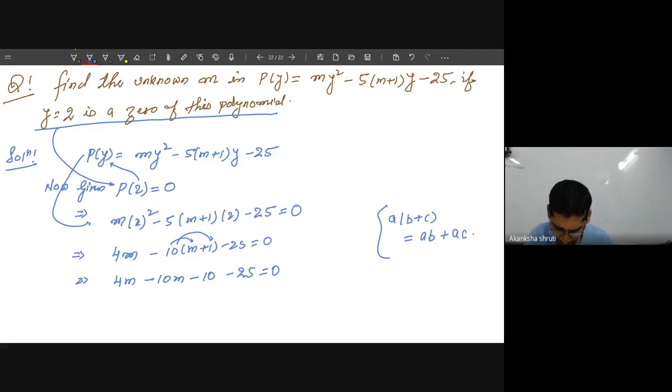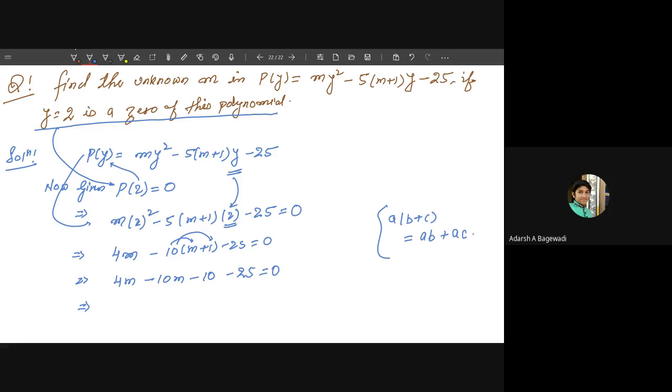Here the 2 is also there. In place of y, I have placed this 2, so multiplying this 2 with 5, because 2 is for both the terms. See, this y value 2 is placed here.